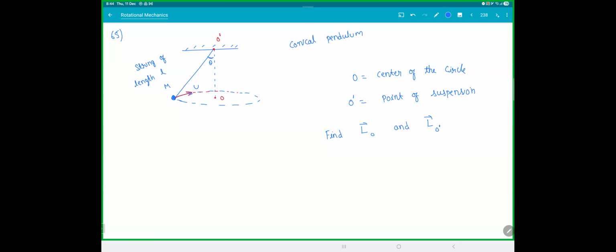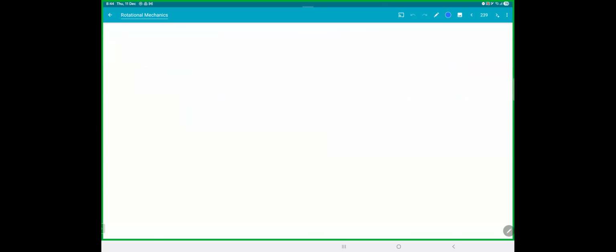How do we do this? Let's see. Look at the first one, angular momentum about O. So O is your center.